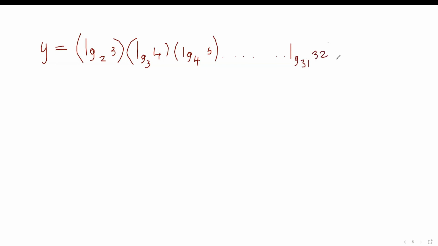I will multiply all of these. This is what we need to do, and we need to work out what y is.